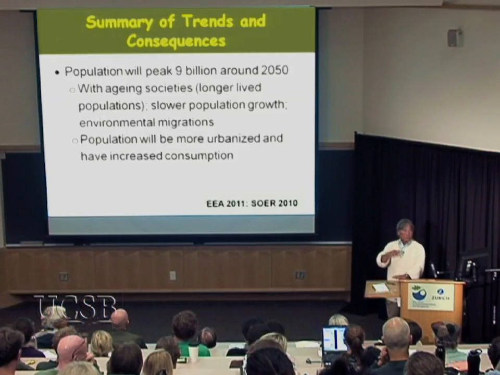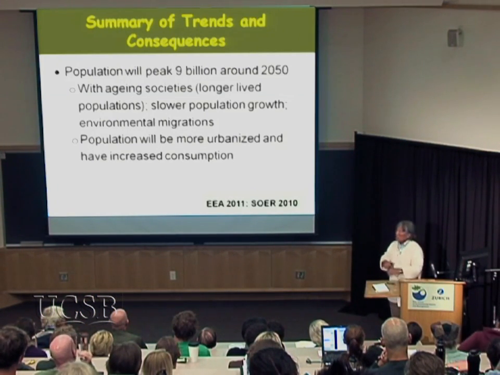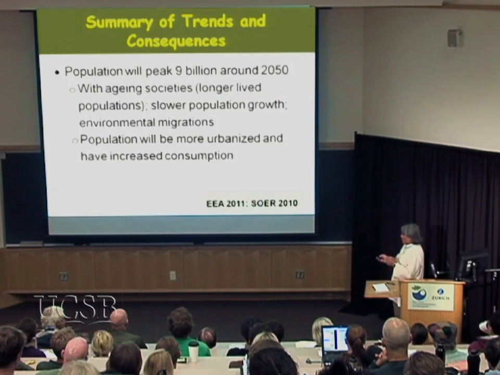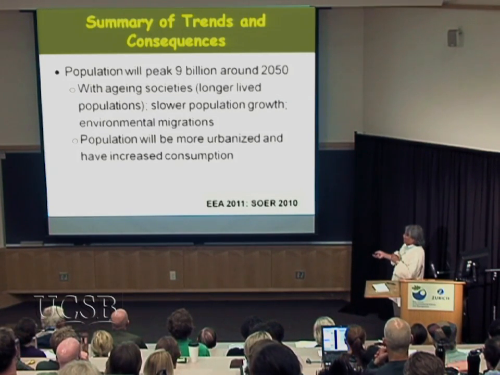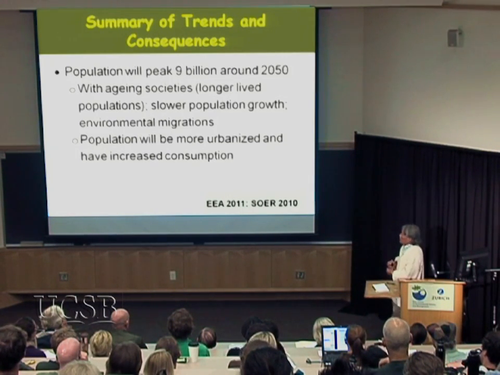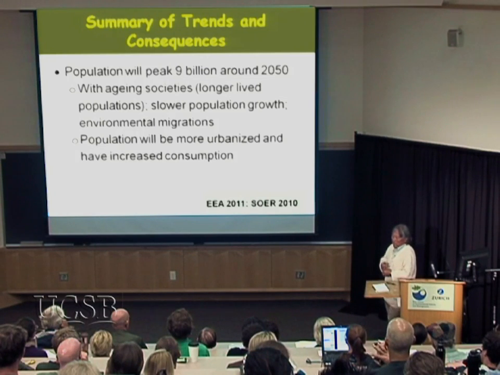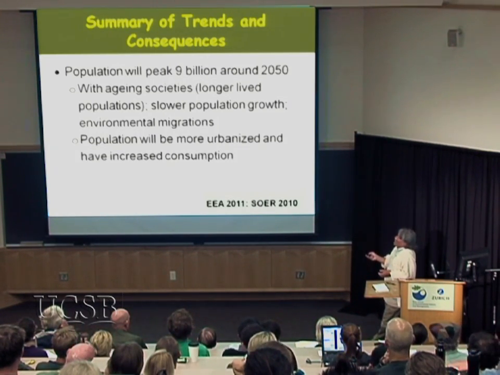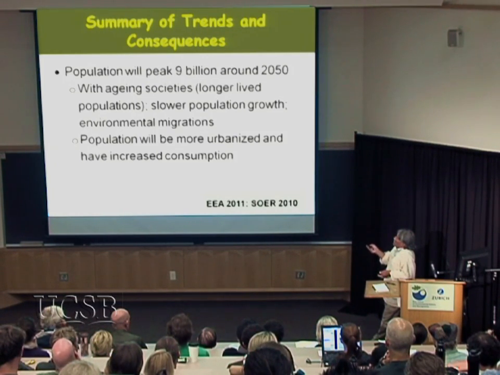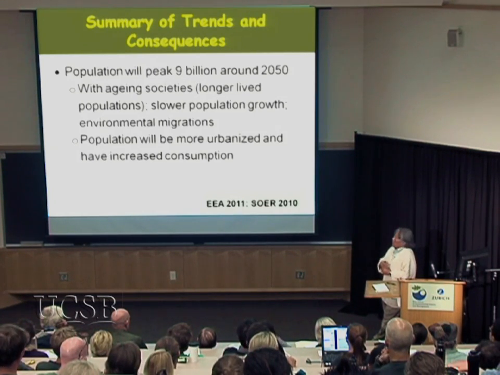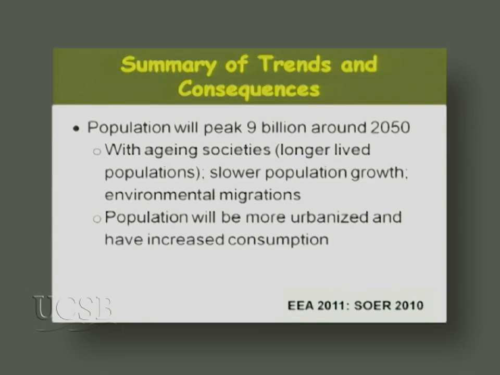So just looking at these trends related to the global condition, a lot of these next 4 slides are coming from a report that the European Environmental Agency has pulled together on the state of these global changes, global trends. They're using the assumption of a peak population level of 9 billion people by 2050.